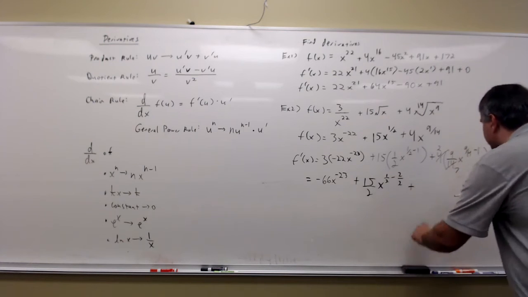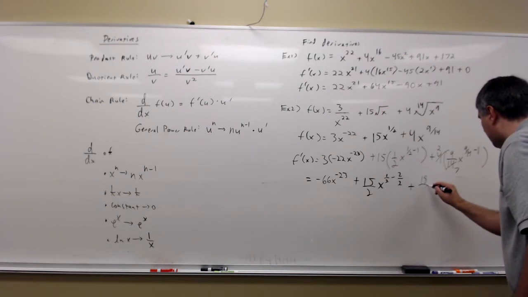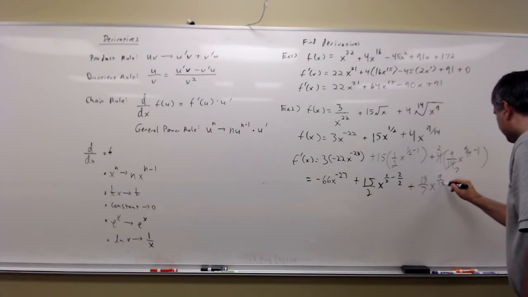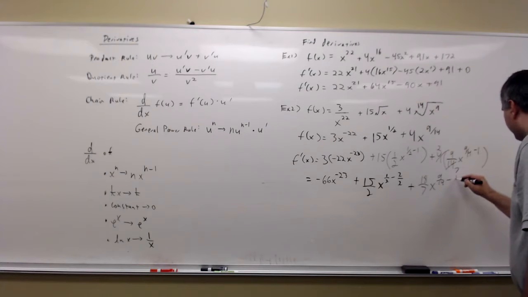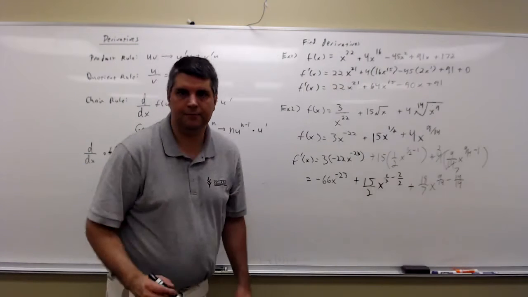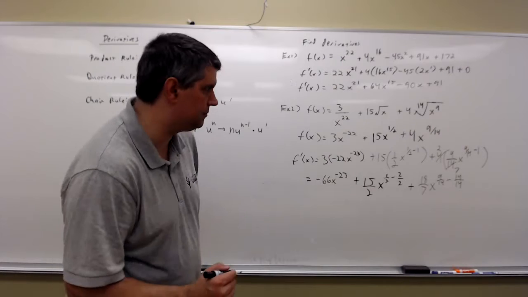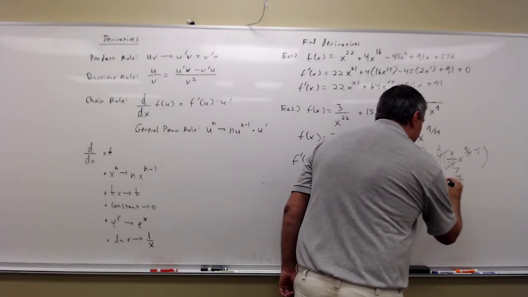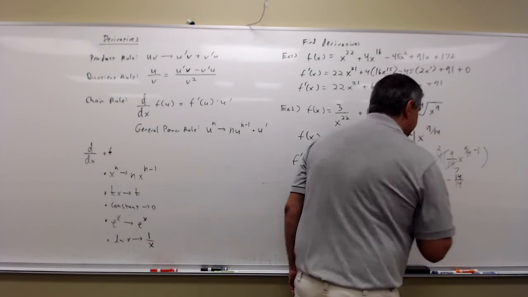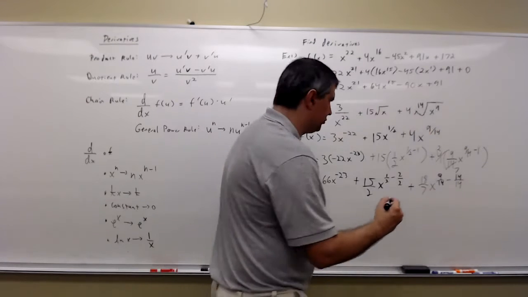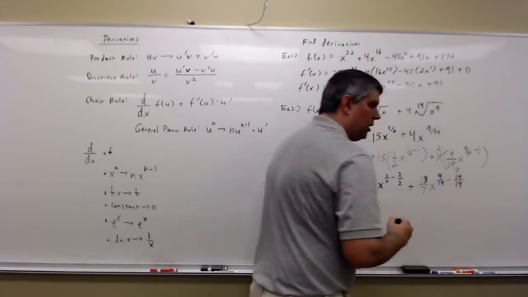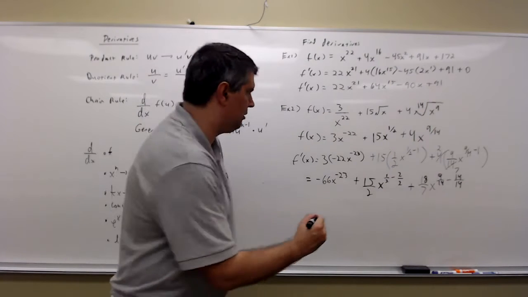So I'll do this again. 2 times 9 is 18. Put it over the 7. And for my x's, I want a common power, so it'd be 9/14 minus, well, 1 common denominator, 14/14. Okay? So, darken it a little bit. All right, so, don't forget the 1.